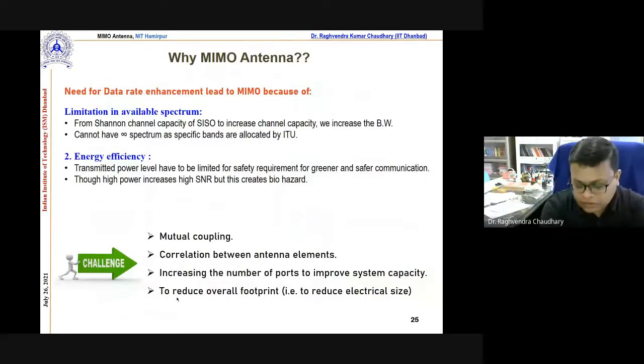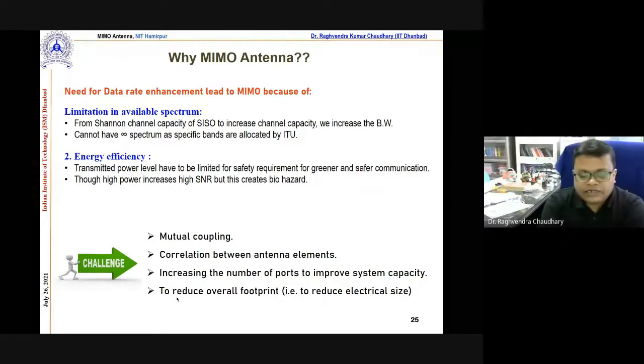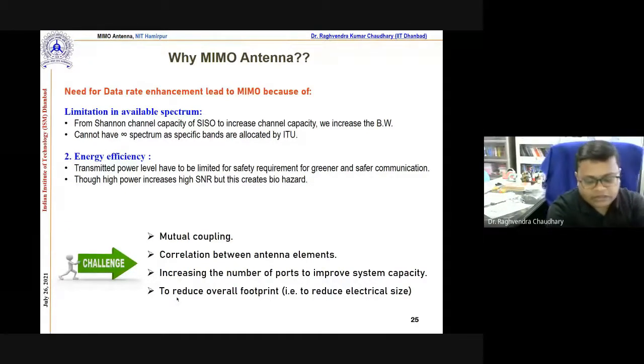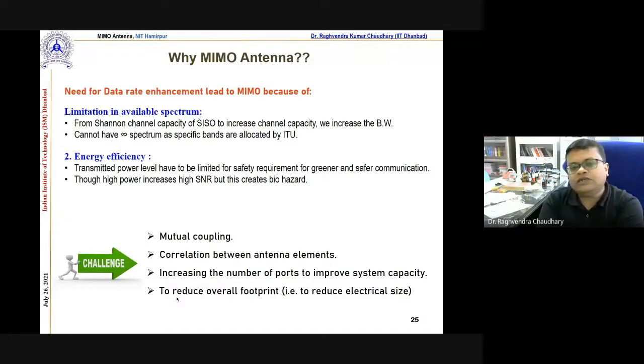So the next question is, why this? I already told you about this. We'll try to understand the parameters and different things, and how it helps to improve the diversity as well as the channel capacity, and how it will improve the bit rate. We'll see all those things.